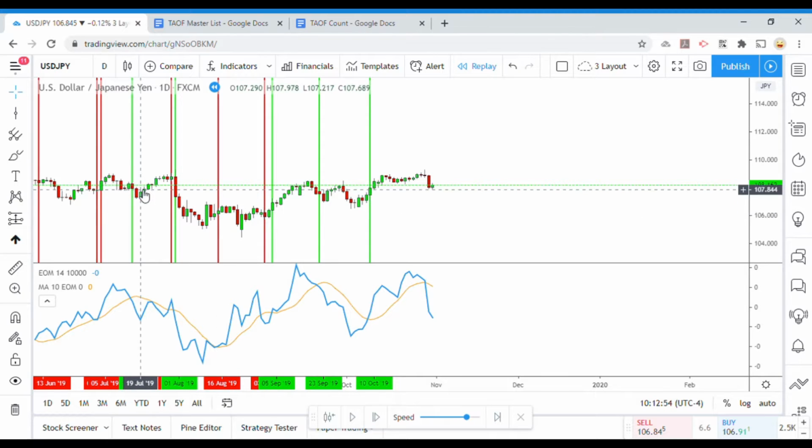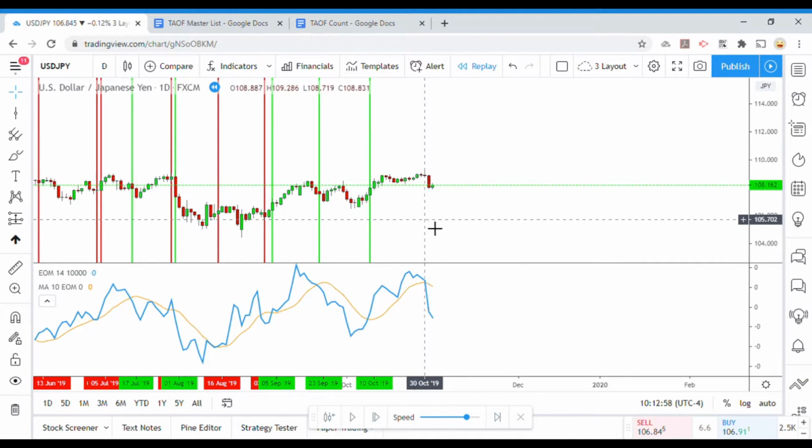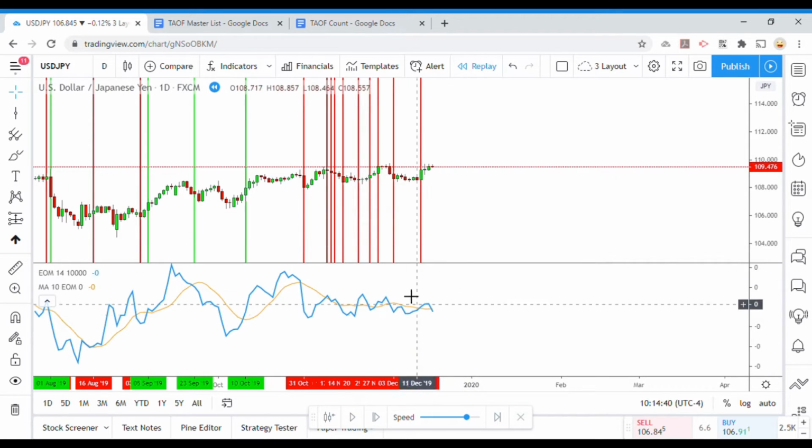And it's kind of uncertain at this point. Sometimes it gives us some really good signals, and then other times gives us some really bad signals. It just got itself chopped into pieces right here.